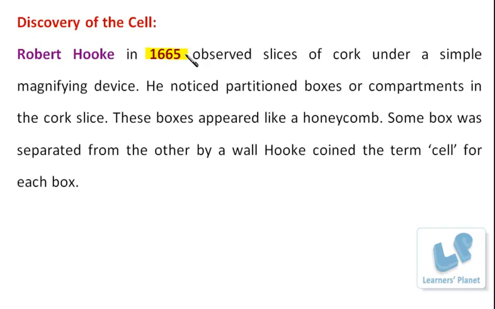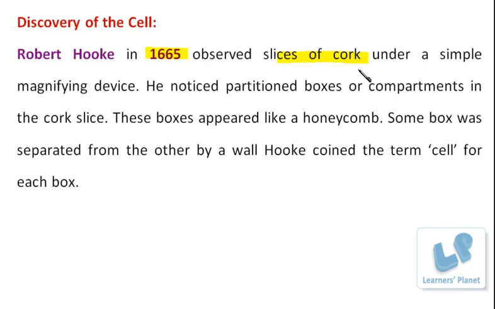In 1665, he observed slices of cork. Do you understand what this cork is? Cork is basically the outer dead skin of the plants. You must have seen the bark of the plant, and that outer dead part is actually known as the cork.